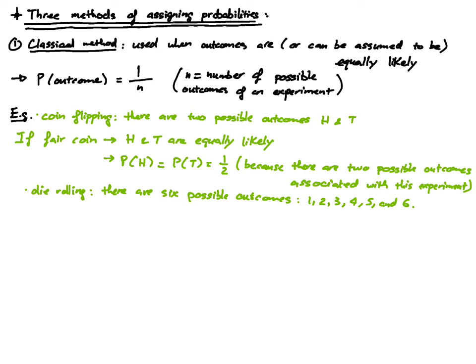Now again, if the die is a fair die, then the outcomes are going to be equally likely, and so we have the probability of getting a 1 equals the probability of getting a 2 equals the probability of getting a 3 equals the probability of getting a 4, 5, and 6, which is going to be equal to 1/6, and this is because there are 6 possible outcomes.